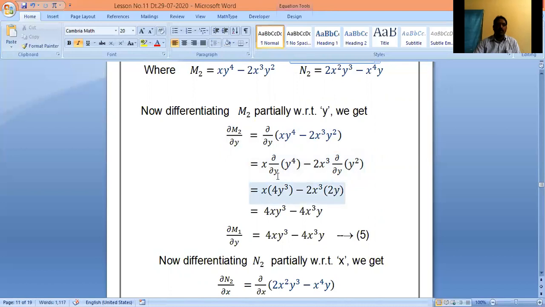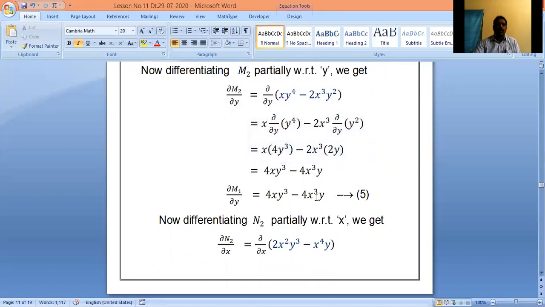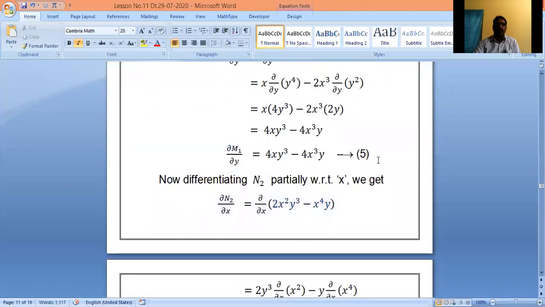That is equal to x into dou by dou y of y to the power of 4 is 4y cube minus 2x cube into dou by dou y of y square is 2y. That is equal to 4xy cube minus 4x cube y. Therefore, dou M2 by dou y is equal to 4xy cube minus 4x cube y. Let this equation be 5.